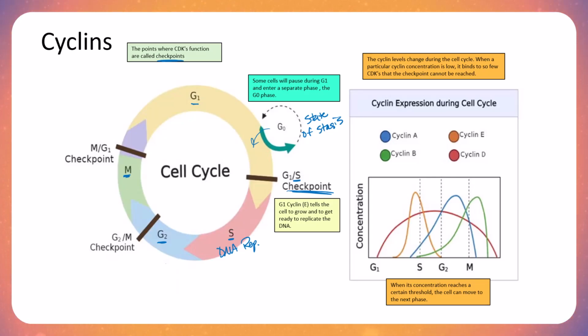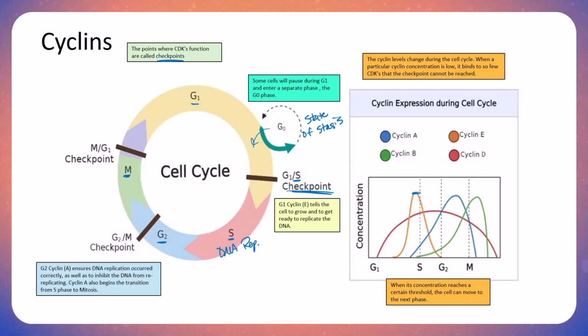The G1/S checkpoint requires the threshold of that cyclin E be such that it allows that gate to open and allows the cell to progress through that checkpoint in order to enter S and therefore replicate the DNA. G2 cyclin, which is cyclin A, ensures DNA replication occurred correctly, as well as inhibits the DNA from re-replicating.